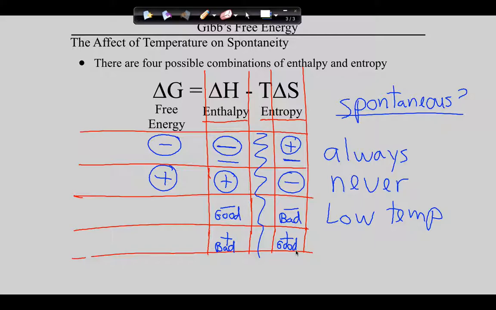Well, now we need to magnify the impact of this entropy change because that's favoring spontaneity and we want that to be all the more significant. So how do we do that? Raise the temperature. And so guys, this would be spontaneous at high temperature.